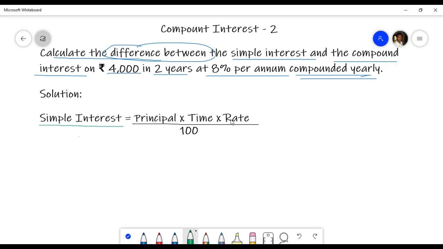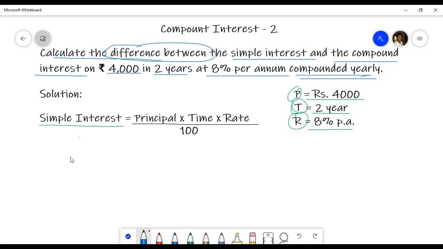Now we have to find the simple interest. You know the formula very well: principal into time into rate by 100. Principal, as given in the question, is rupees 4,000. Time, we have to find the simple interest for 2 years, and rate is 8% per annum.